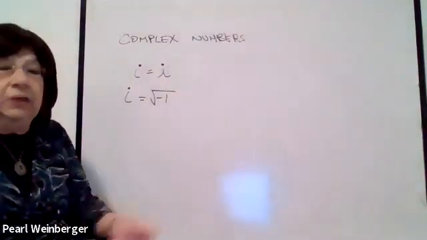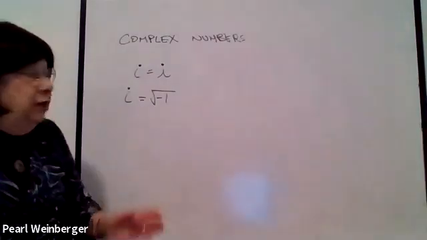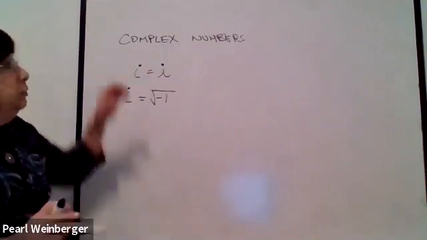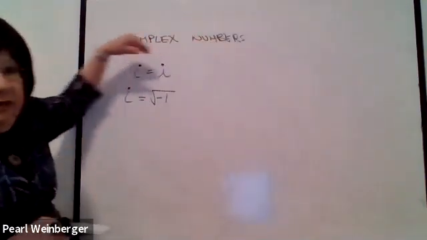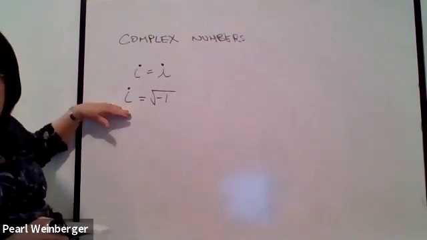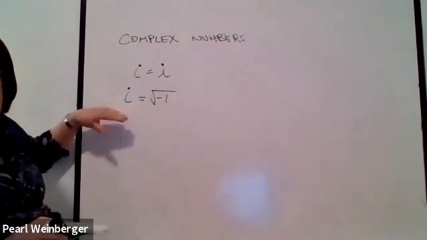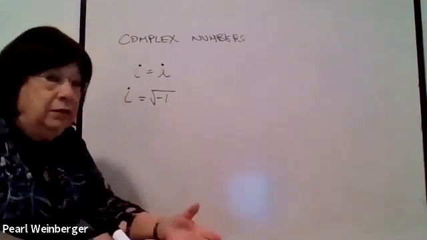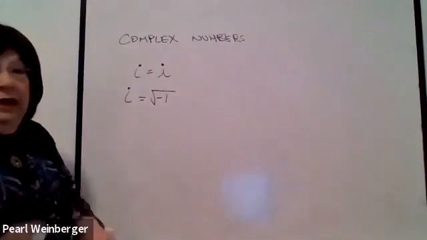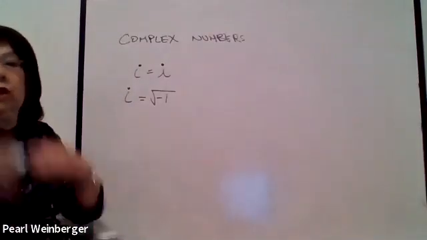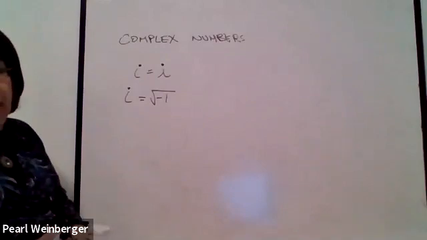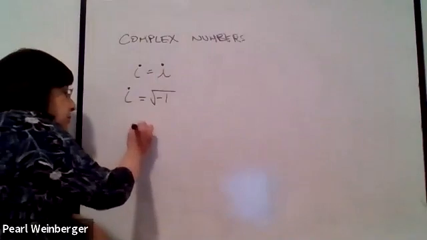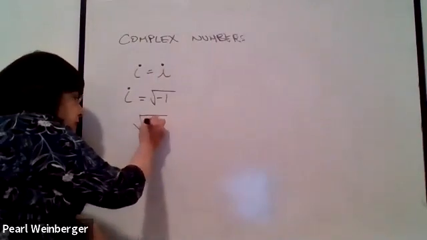And whenever I talk about this imaginary number, you'll know that I'm talking about the system of numbers that allows you to use the number i. In the complex numbers, you can use all the regular numbers plus i. In the real number system, you can just use the real numbers. You can't use i. Now, how does this help me if I want to do the square root of -25, for example?